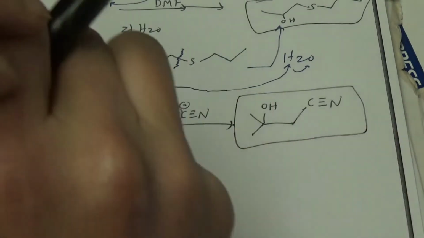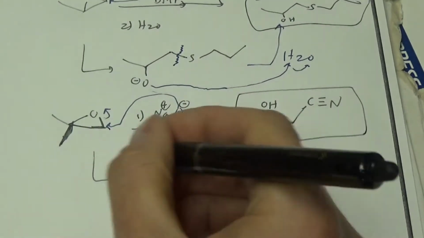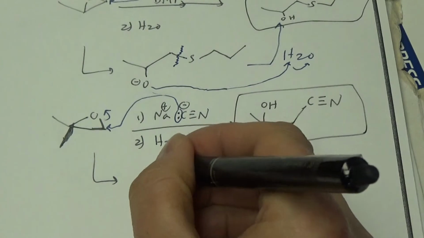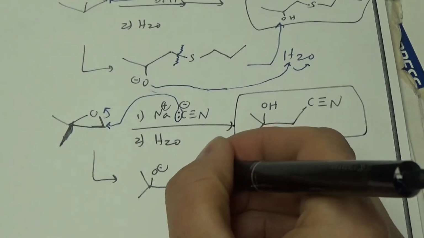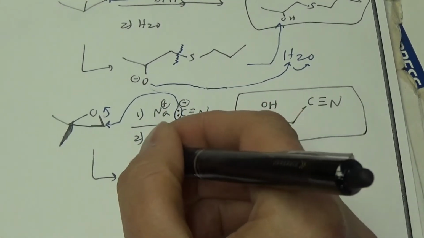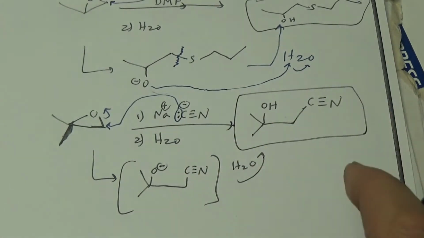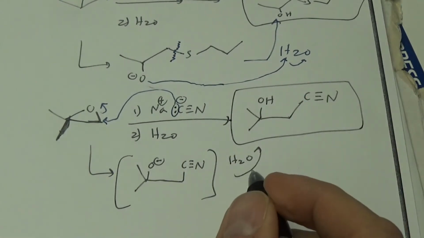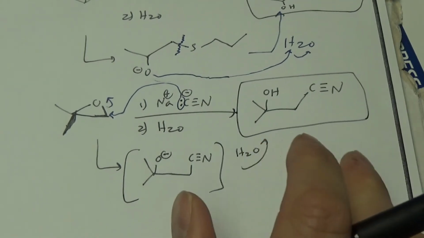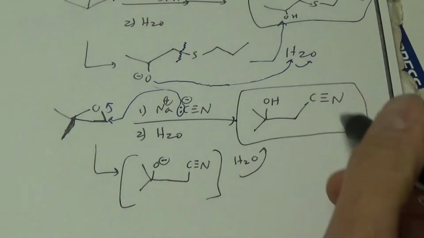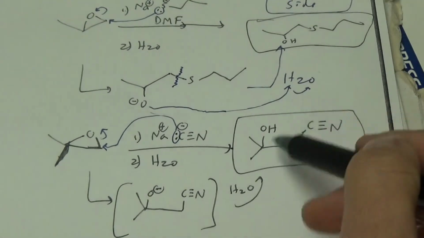That's the product. What's the mechanism? So, it attacks, and then we just give a proton with water. So O minus grabs a proton from water. What's the product of all of these openings? They're always alcohols, right?